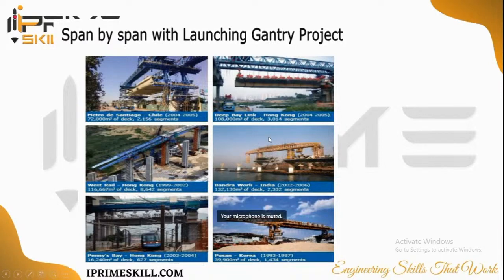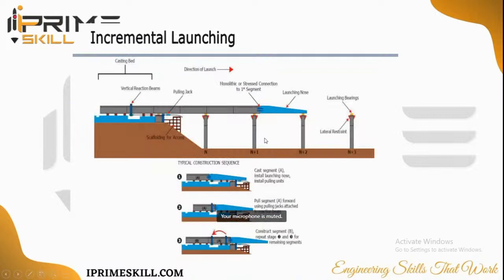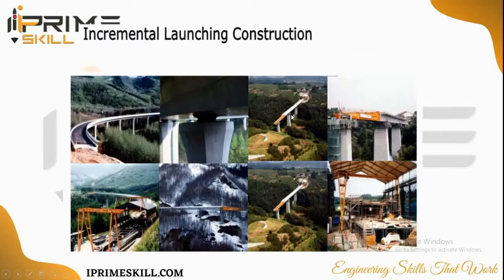So this is one more construction method. Incremental launching. One crane, gantry girder will be there, will start, fix, and then it will try to increment. Then they will push it, and then one more span will be placed. That's called incremental launching. See here, the crane is there, they will cast it, and then this will move, they will cast it, this will move, they'll cast it.